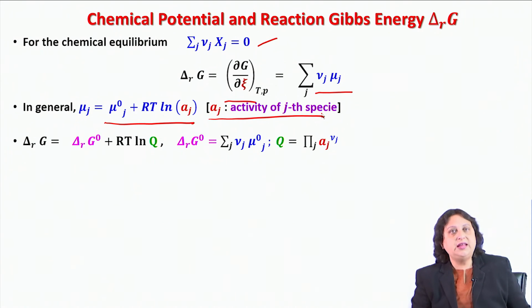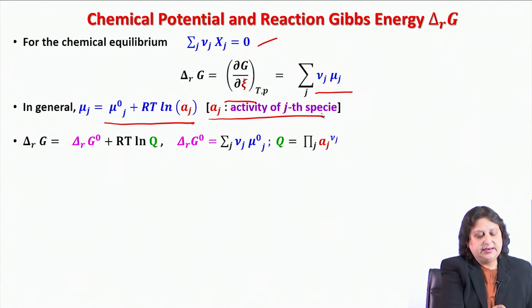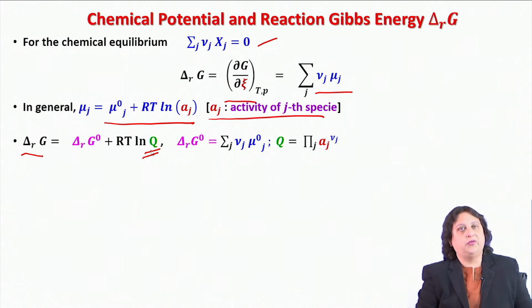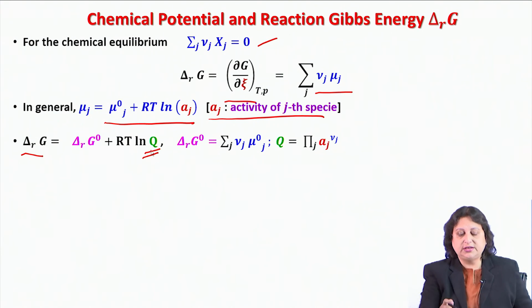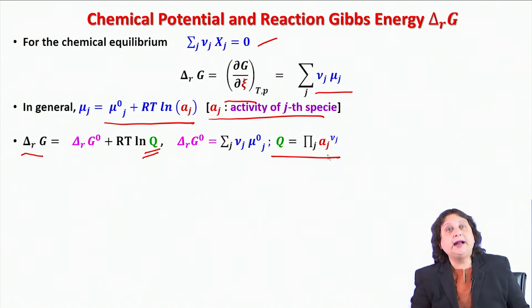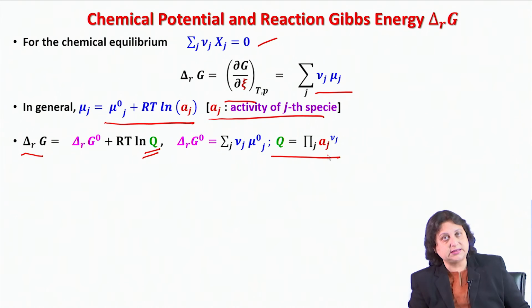Then I can very easily say that the delta Rg is now related to the composition of the reaction mixture by the given reaction, where Q is known as the reaction quotient, and this is related to the activity of each of the components present in the system.